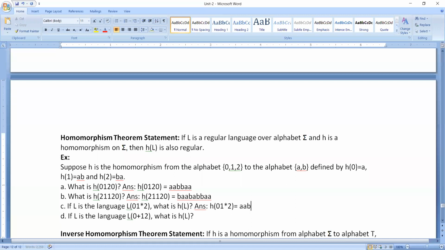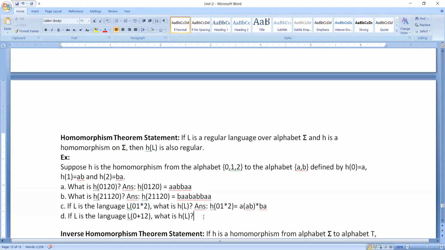Now if you observe, we have 1 star, which means we apply the closure operation. What is 1 here? AB. We apply the closure for this, AB whole star. Then what is 2? We have BA. This is how we get the answer for the language 0, 1 star, 2.